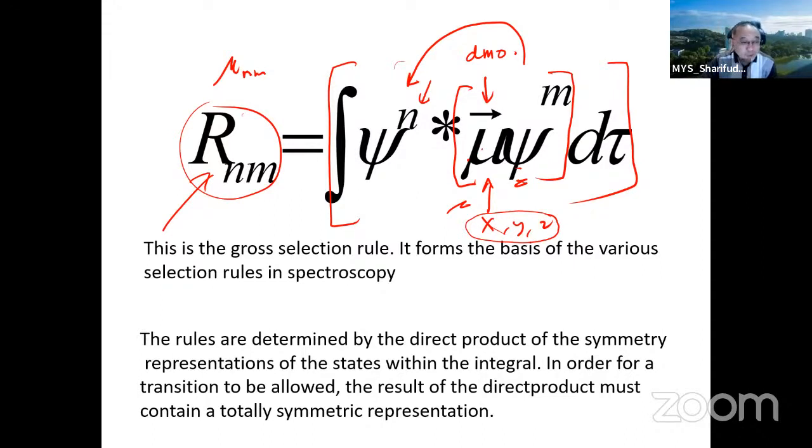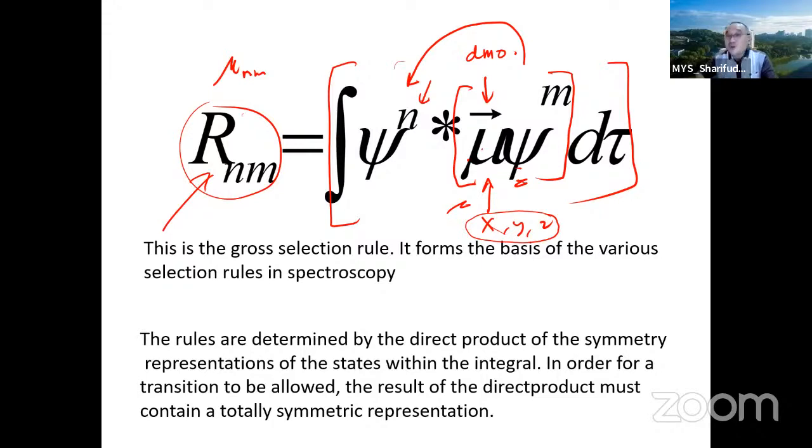This R here forms the gross selection rule. You all know this, I presume. It forms the basis of the various selection rules in spectroscopy. The key is this: if R equals 0, then there is no transition. If R is non-zero, then there is some form of transition.